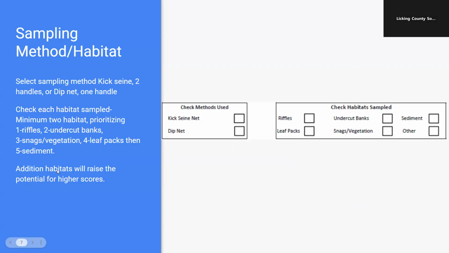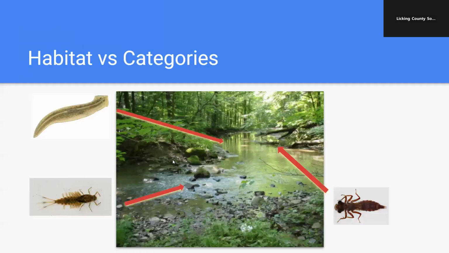Obviously, you can do additional if you'd like to, and it will definitely increase your score, because each organism has its own niche within the stream. So the more diversity of habitats you check, the more diversity of organisms you're likely to find. And this kind of displays that principle. So you've got your riffles here that could be full of mayflies or caddisflies.